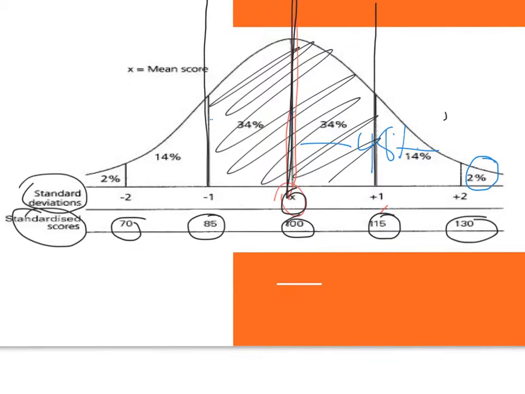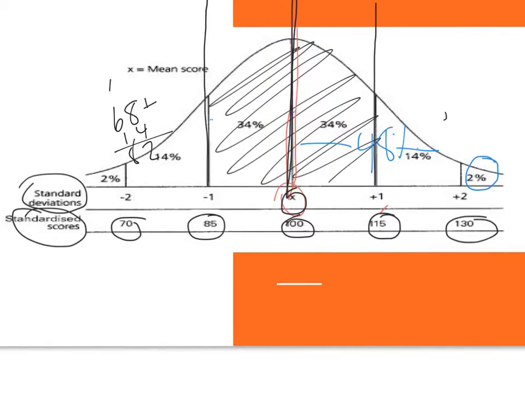And you would have to add this area, right? Because Bob scored here, so this area, but this also includes this, this, and this. So you would have to add 34 plus 34, 68. 68 plus 14, I don't have a calculator on me, that would be 82. 82 plus 2, that's 84.